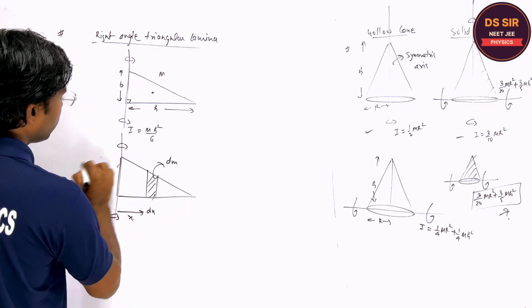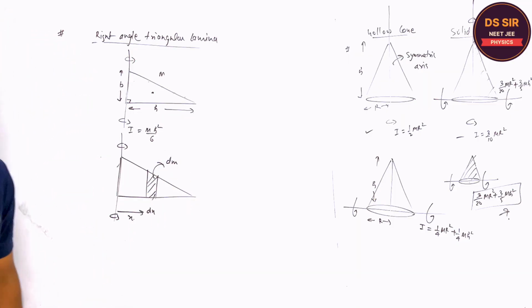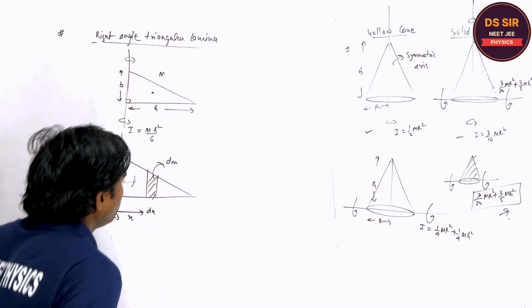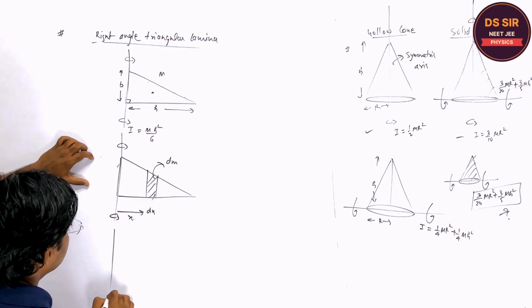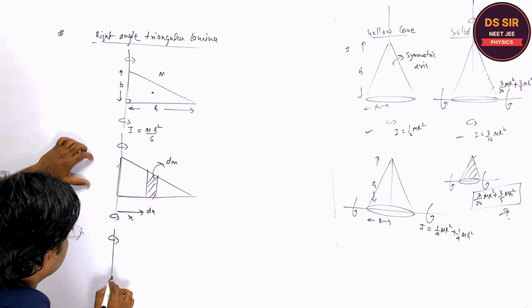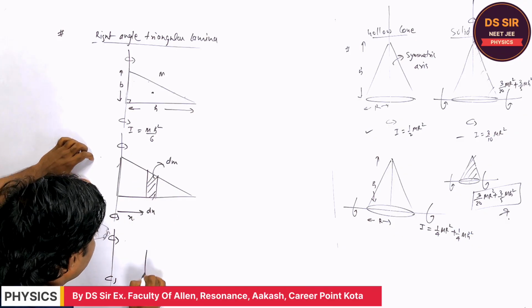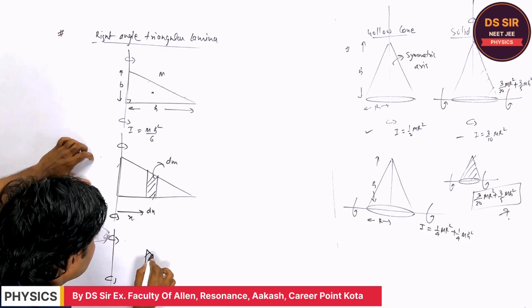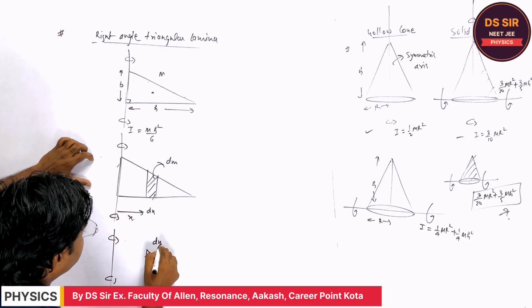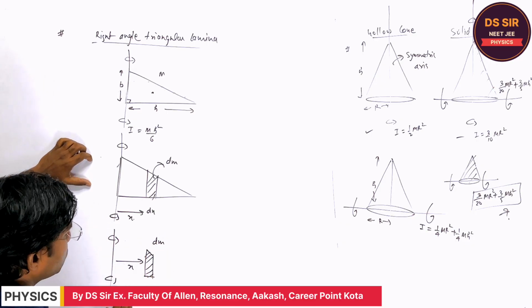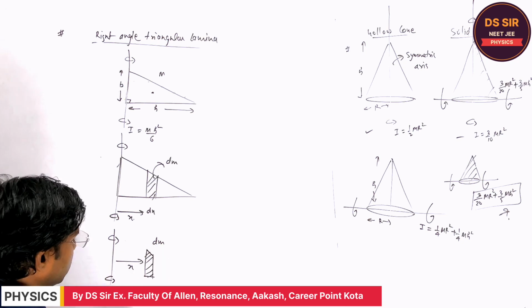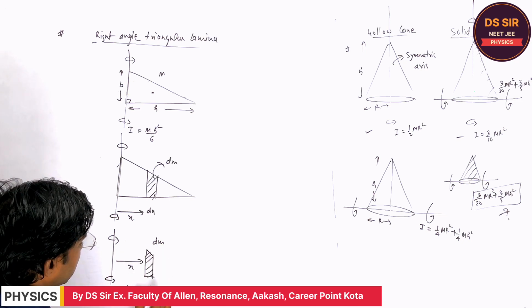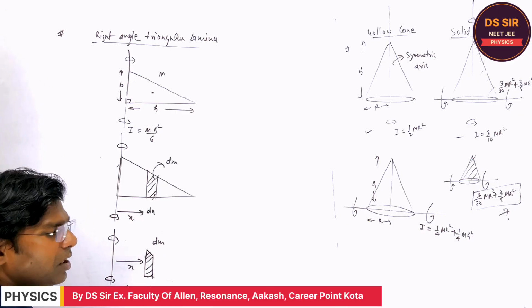About this axis, you have to find the moment of inertia. So we cannot write the moment of inertia for all this triangular lamina, but if I consider with respect to this axis, this is the dm mass, it's present at distance x. So what is the elemental moment of inertia for this elemental portion? So di is equal to dm into x square. Is it clear or not?